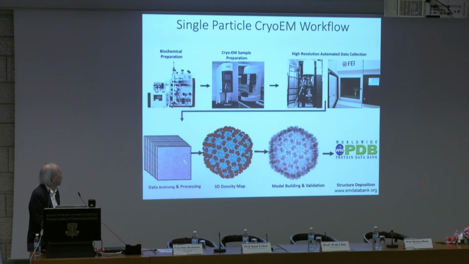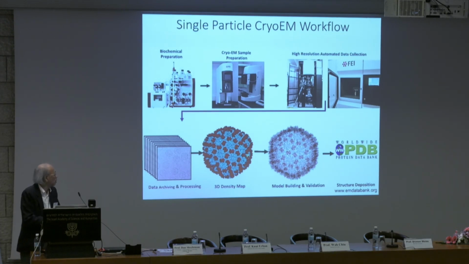And so with these projection images, the next step is to do data processing. This data processing was pioneered by Aaron Klug, who laid out all the mathematical principles in the early 70s to go from two-dimensional projection images to a three-dimensional map. So what we're calculating here is a density map. In chemical terms, it is actually a Coulomb potential function.